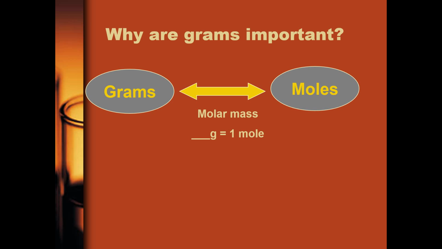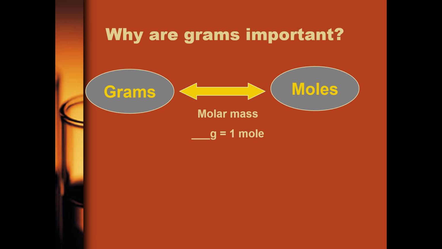Grams are really important because in the actual lab, when you're doing a lab assignment, you can only manipulate grams. You can only put things on a balance and measure grams, but you can't measure moles. Although we use moles because it's a more practical unit, moles is not something that's tangible.